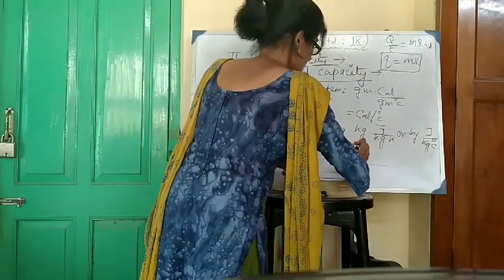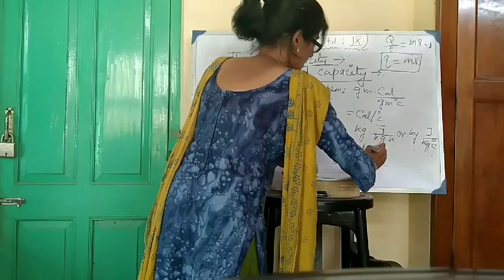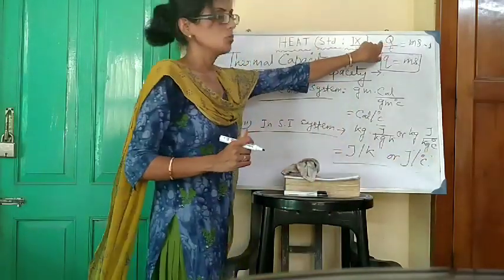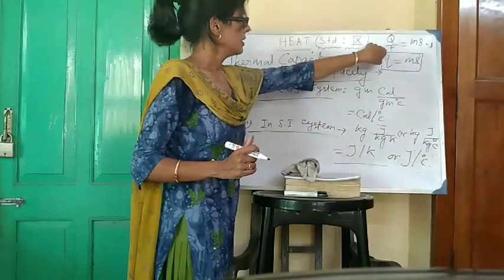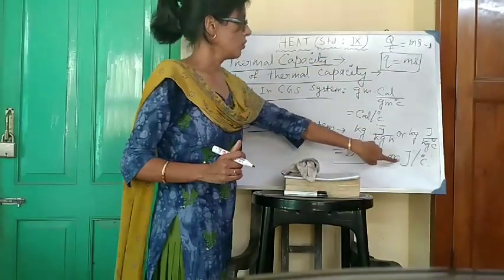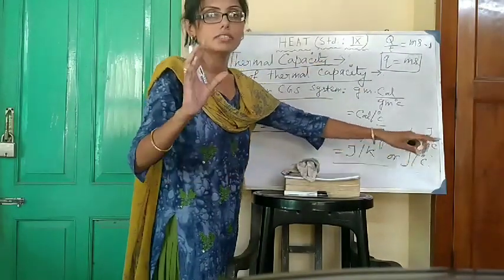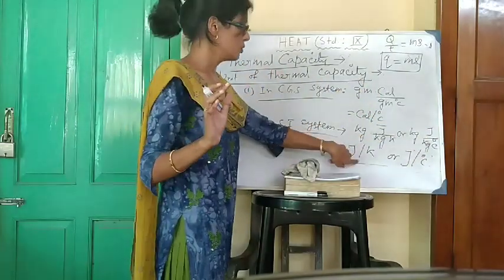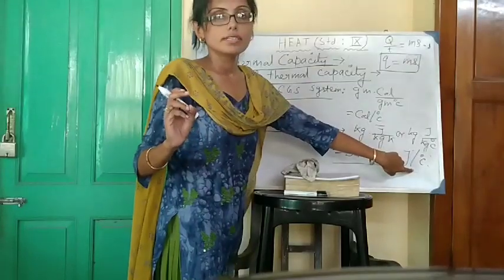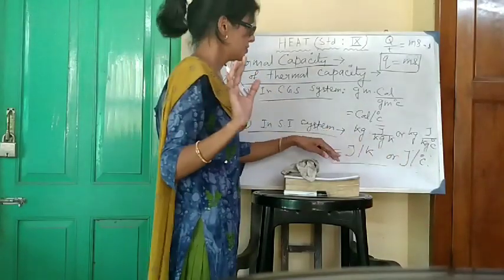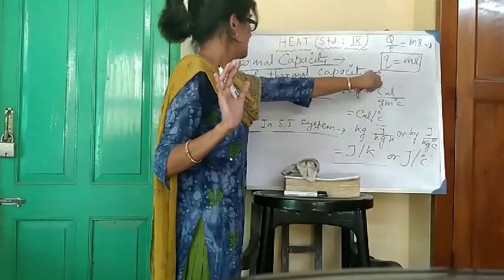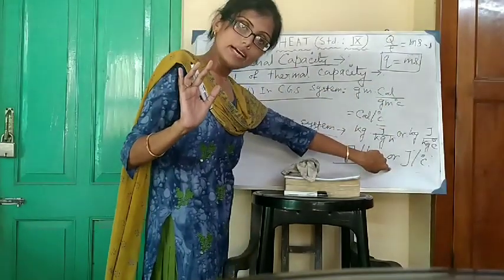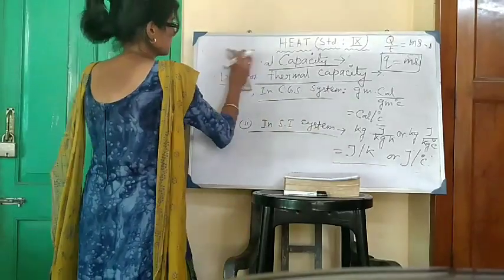Temperature difference in Celsius and Kelvin scale are both the same. So joule per Kelvin and joule per degree centigrade are both the same. These are the units of thermal capacity in both CGS and SI. Understood? Next topic.